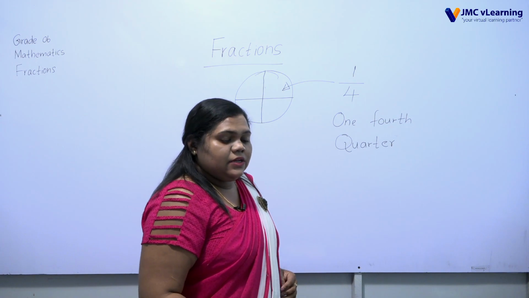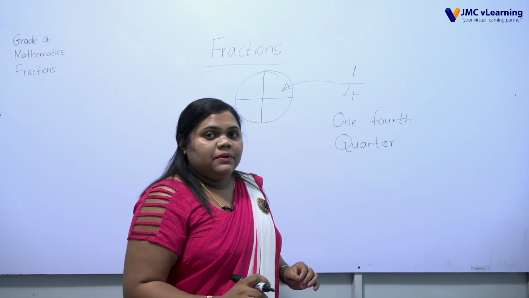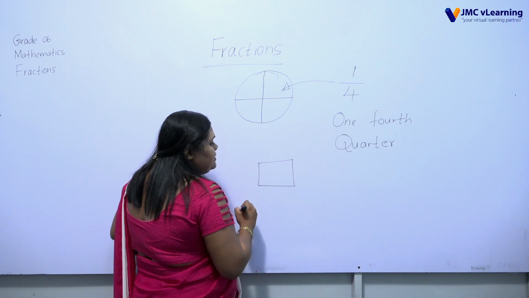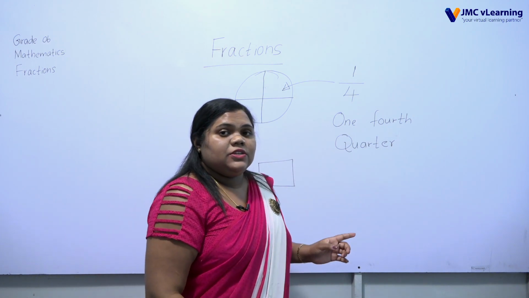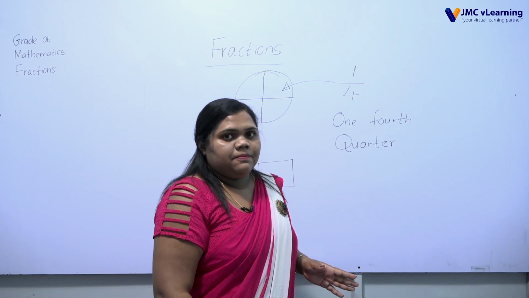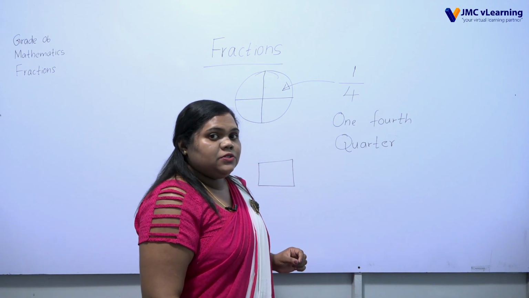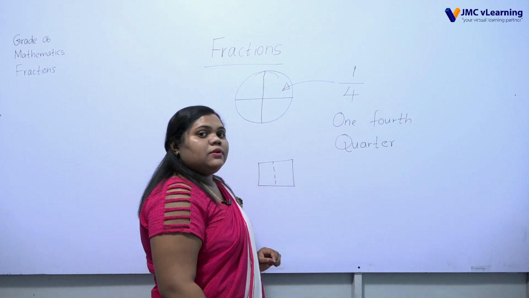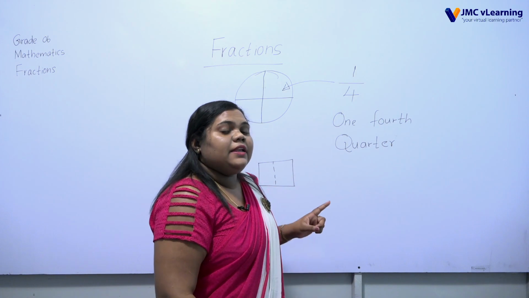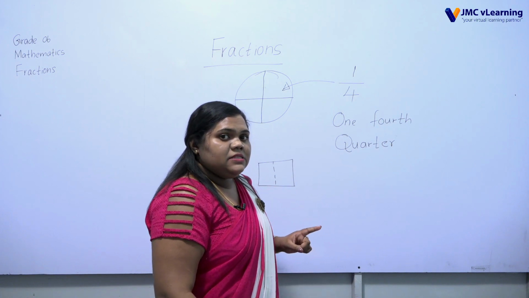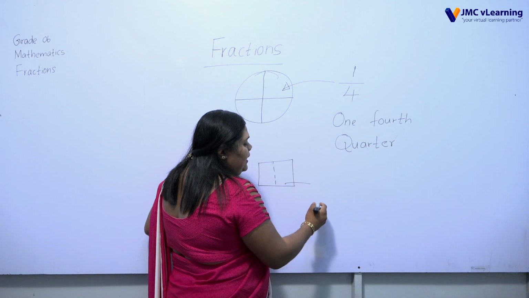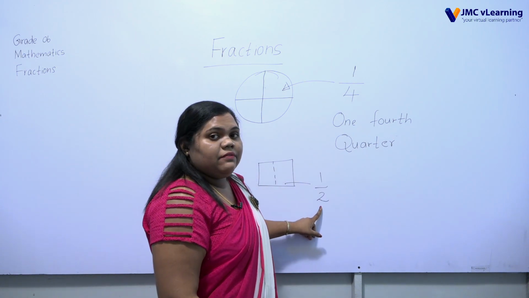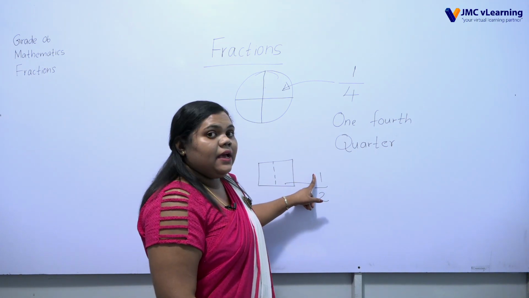Like that, imagine your mother brings a piece of cake and you want to share it with your brother. So you have to divide this into 2 equal parts. If your brother eats one piece, we can say he ate half of it, because there were 2 parts and he ate 1 part.